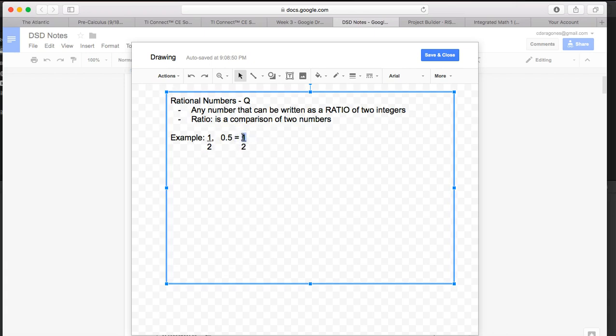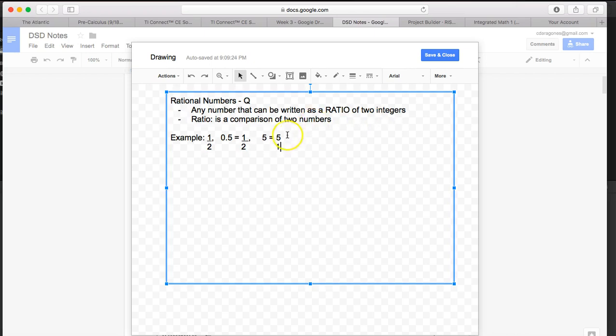I have another question for you. Do you think that the number 5 is a rational number? Pause the video here, think about it. Is 5 a rational number? So again, hopefully you said yes, 5 is a rational number, because any number can be written as a fraction if I just divide it by 1.